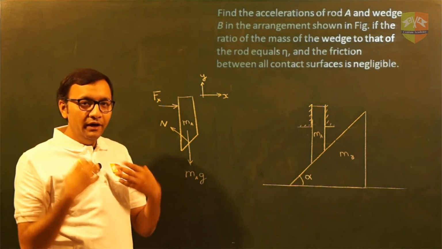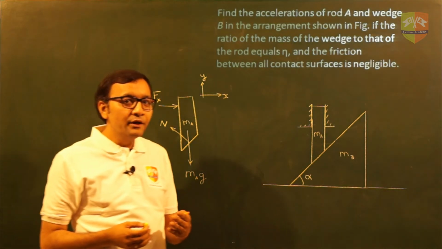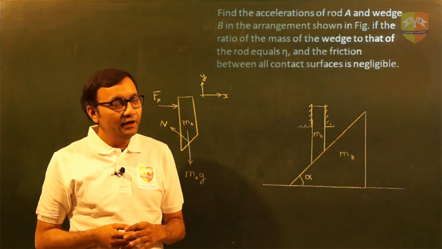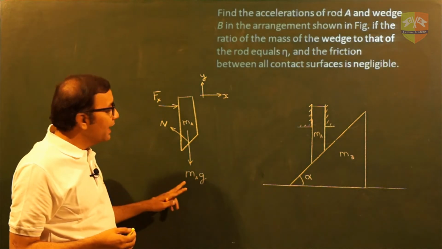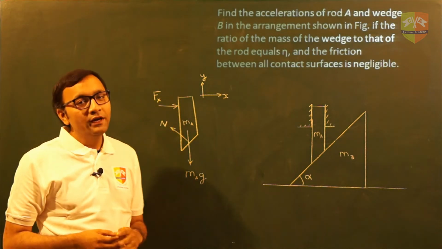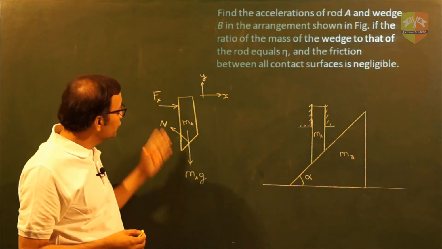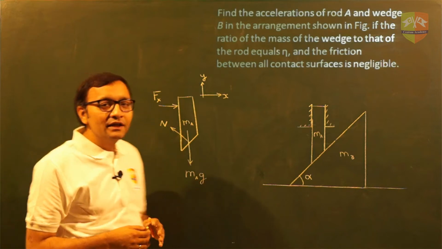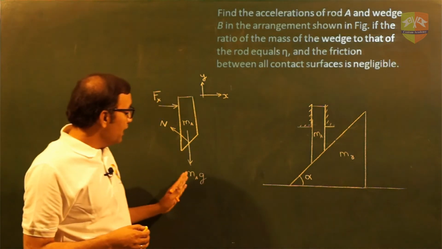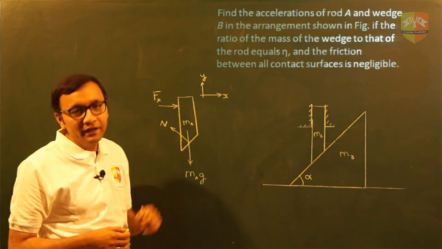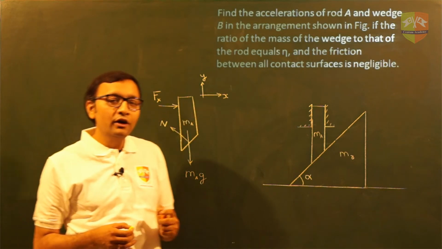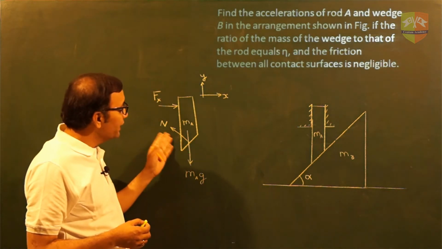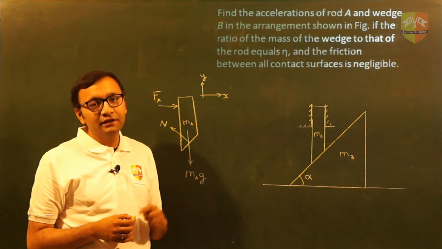Now our next step is what? The next step is to resolve all the vectors along x and y directions, right? You can see that Fx and mg are already along the axes. No, mg is along y-axis and Fx is along x-axis. So mg does not have any component along x-axis, and similarly Fx does not have any component along y-axis, right? But normal reaction makes some angle with the x-axis.